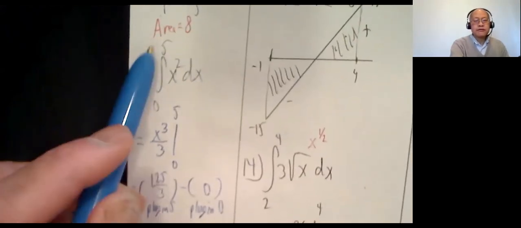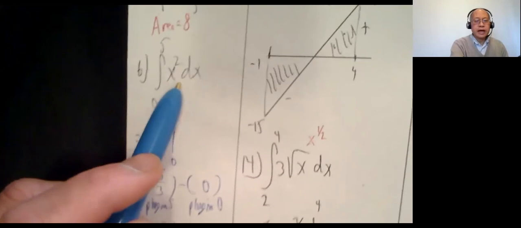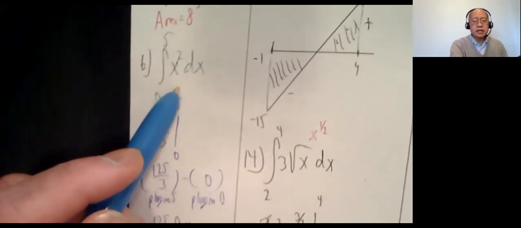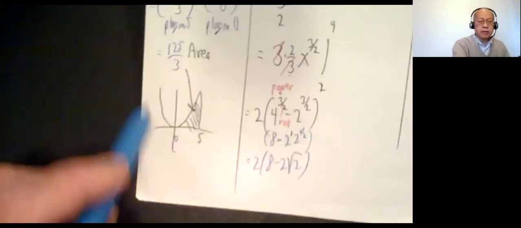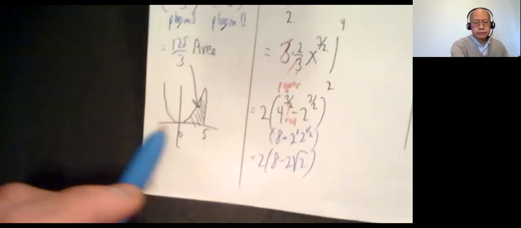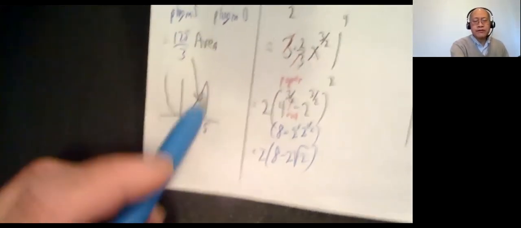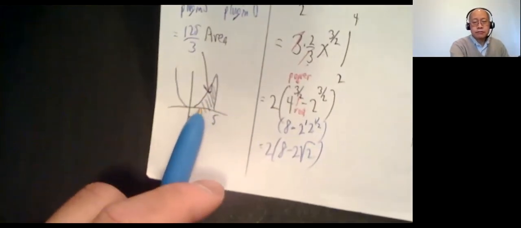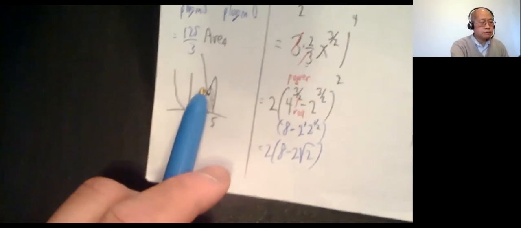The next one's really nice. Integral from 0 to 5 of x squared dx. What we're actually getting is this. Y equals x squared looks like a parabola, right? Going from 0 to 5, we're finding the actual area under this curve for a curved object.